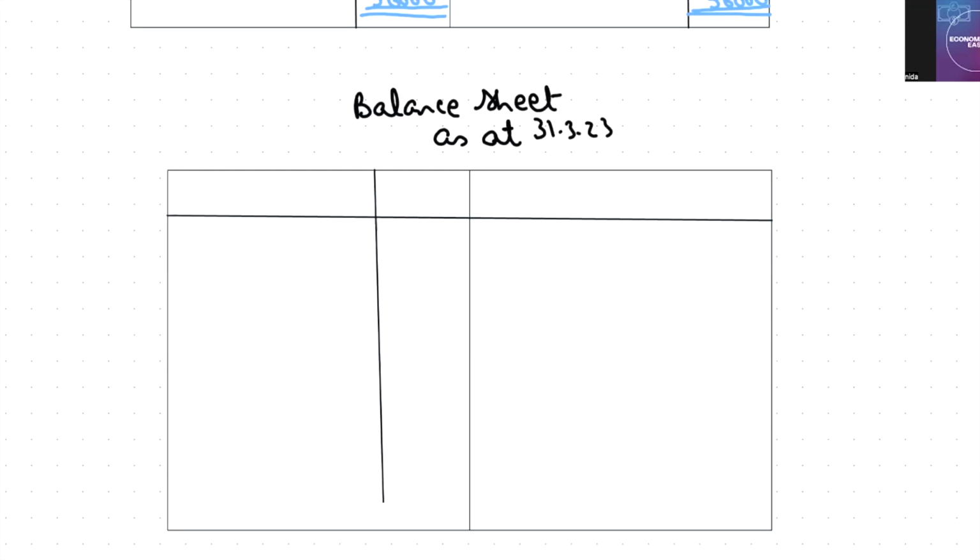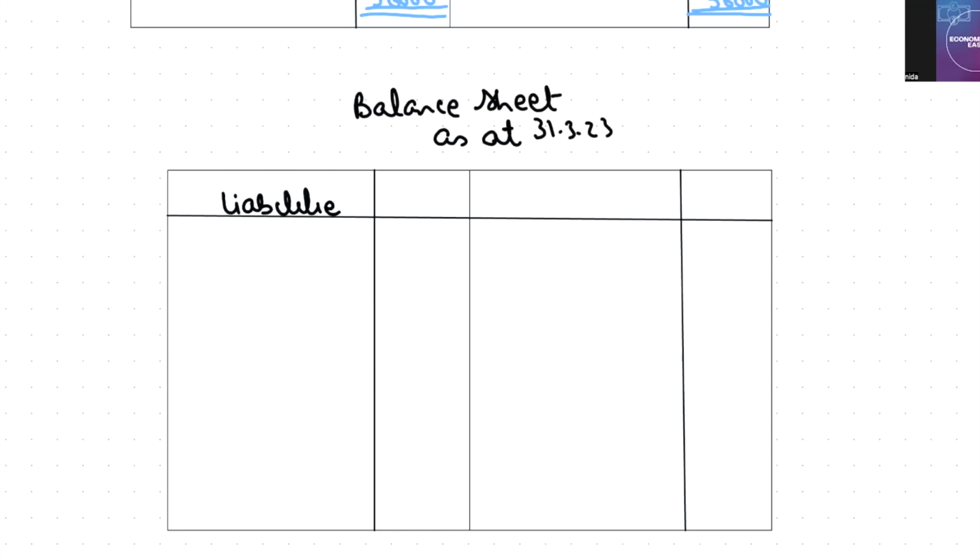These kind of questions used to come and you should know the correct posting. The main thing is this. And this is the liability side. And this is your asset side. Remember to mention the closing stock on the asset side, okay?